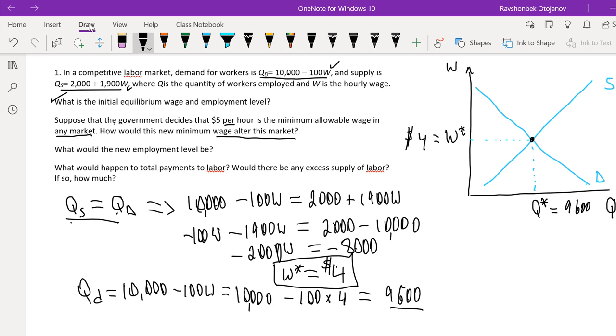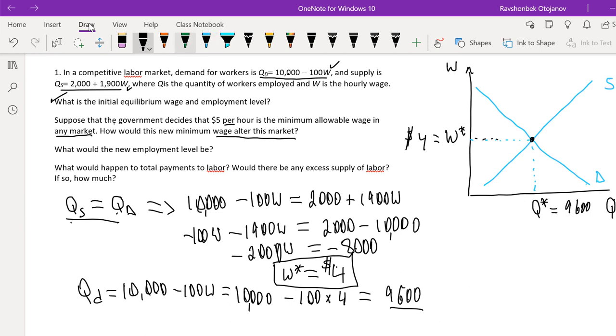They cannot pay less than that. This is a legally binding requirement; it will be illegal to pay less than this wage. Since it's $5 per hour, the wage rate they have to pay will be above the equilibrium level, greater by $1.